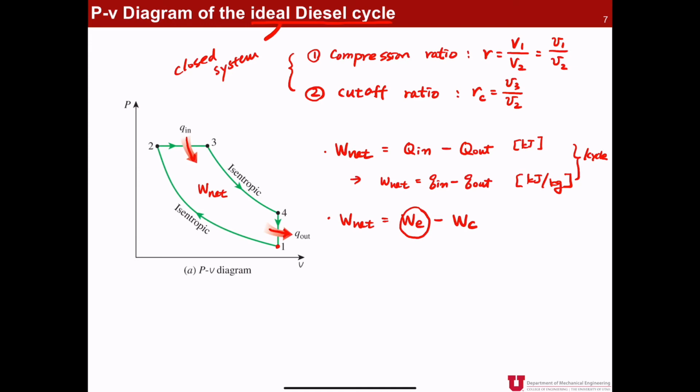So now in this case, your expansion work is work done by this engine from 2 to 3 process, which is combustion process, and 3 to 4, that is expansion process. Now, let's try to compare two equations.